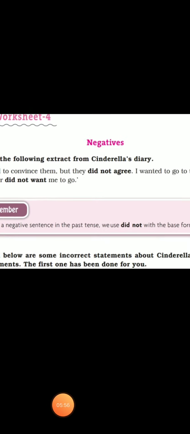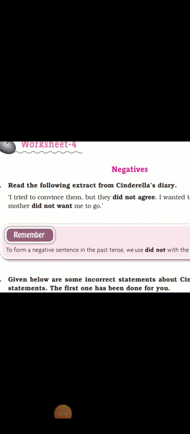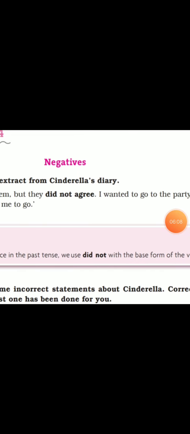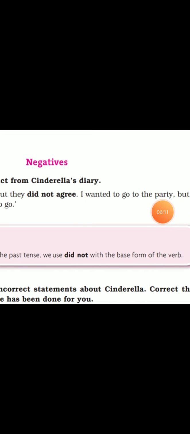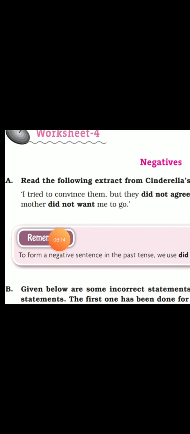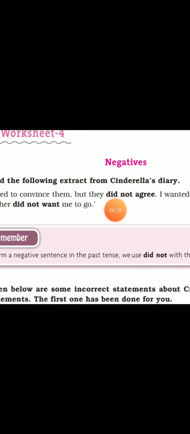So what will we do in the worksheet? Read the following extract from Cinderella's diary. I tried to convince them, but they did not agree. I wanted to go to the party, but my mother did not want me to go. See, did not agree. Did is used here, so agree, its base form, means first form, is used.